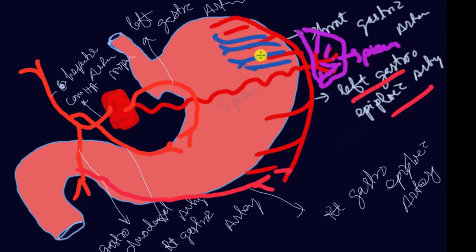The short gastric veins will drain to, what is that? They will drain to here. What is this vein? The splenic vein. This is your splenic vein.